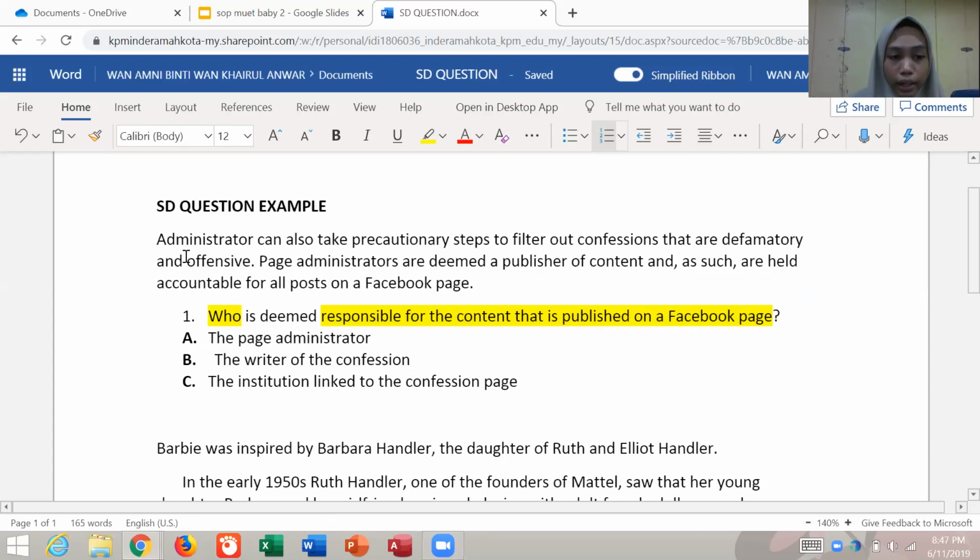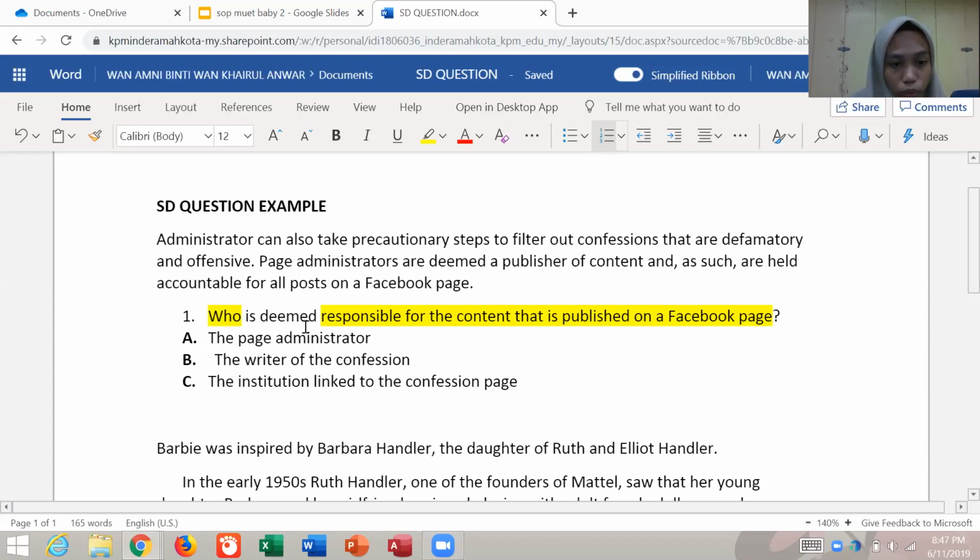So I have cut the text into short sentences so that it will not be too messy. So administrator can also take precautionary steps to filter out confessions that are defamatory and offensive. Page administrators are deemed a publisher of content and as such are held accountable for all posts on the Facebook page.